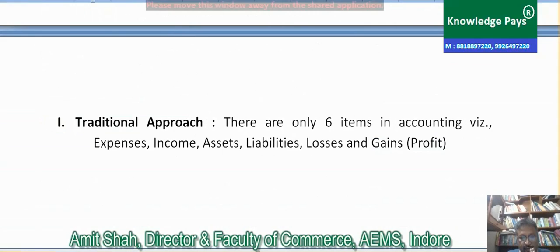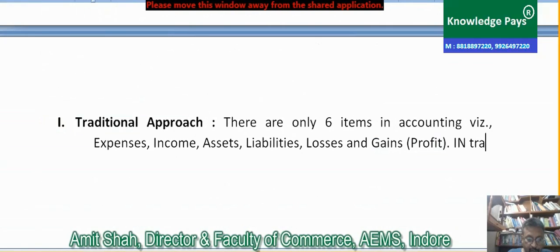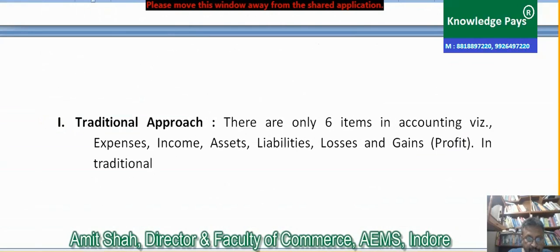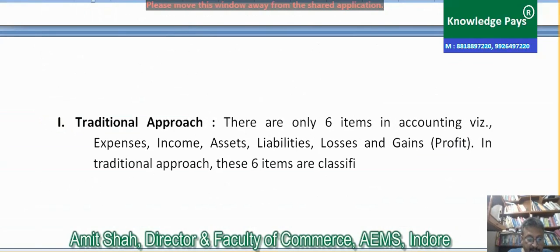So there are 6 items, Tanu: expenses, income, assets, liabilities, losses and gain. In traditional approach, these 6 items are classified under 3 groups.